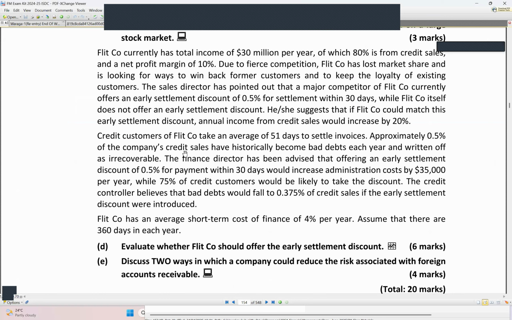Okay, and so what we need to do is to say, when we give the discount, the settlement discount, whether we shall benefit, because they are trying to give 0.5 settlement discount. So, as it stands, when we make the discount, they are saying that when we give the discount, let's see.